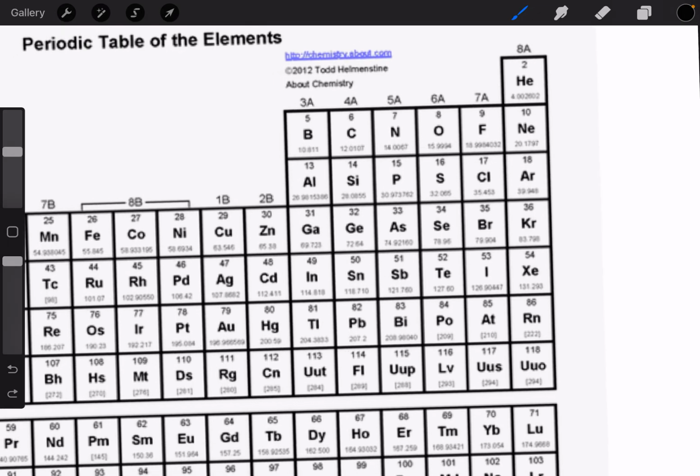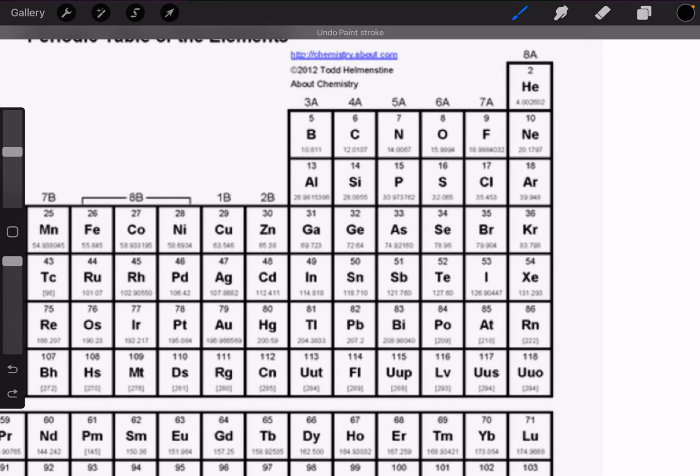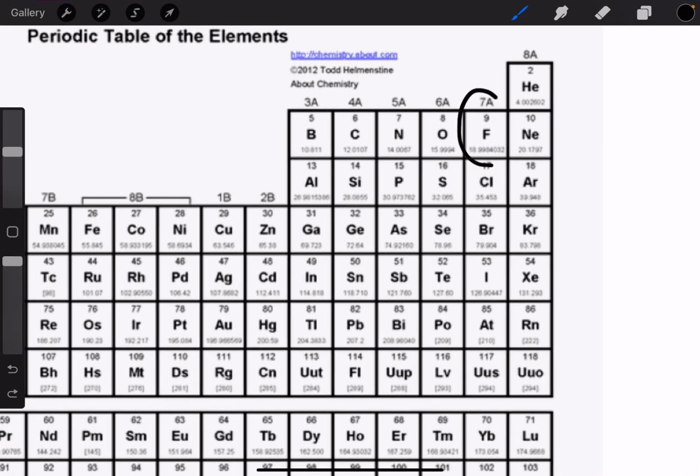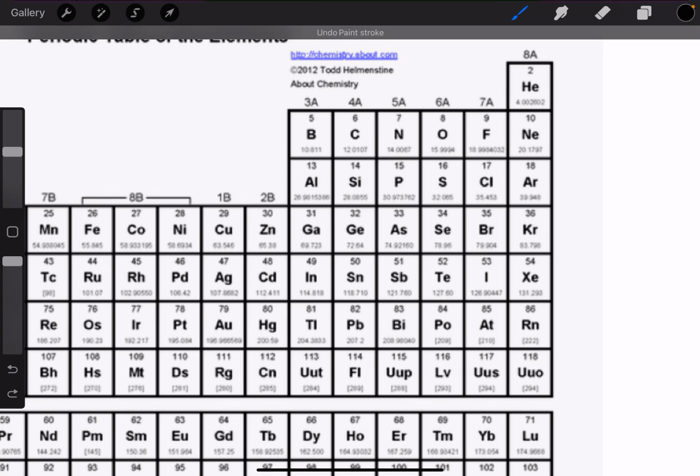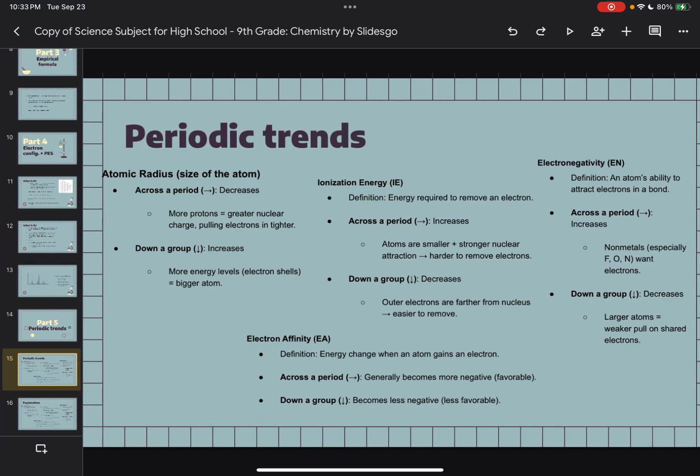When you go here, it's because fluorine wants, as I said before, to be connected to neon, or wants that extra electron to be stable.